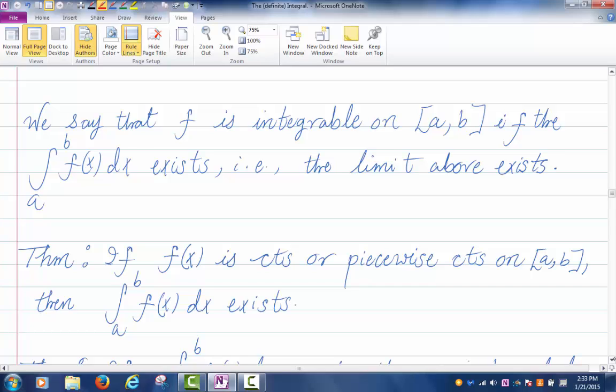I guess you guys all remember what continuity means, but piecewise continuity simply means that if I'm looking at f on the interval from a to b, it may not be continuous everywhere, but it may have finitely many jump discontinuities. If the function has only finitely many jump discontinuities, then it is a piecewise continuous function.